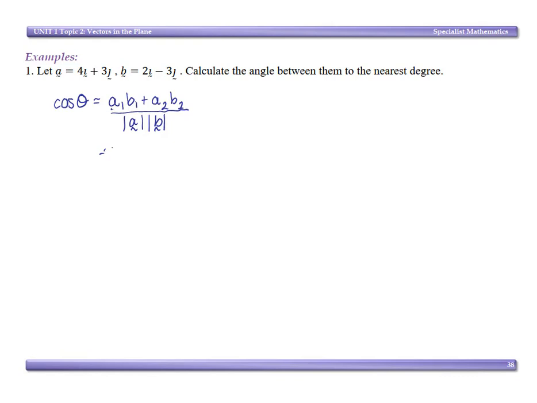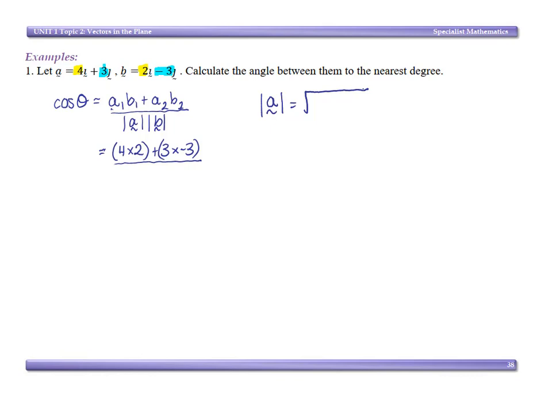So that's going to be 4 times 2 plus 3 times negative 3, just looking at those corresponding coefficients, all over. Now the magnitude of A I don't have, so I need to work that out.